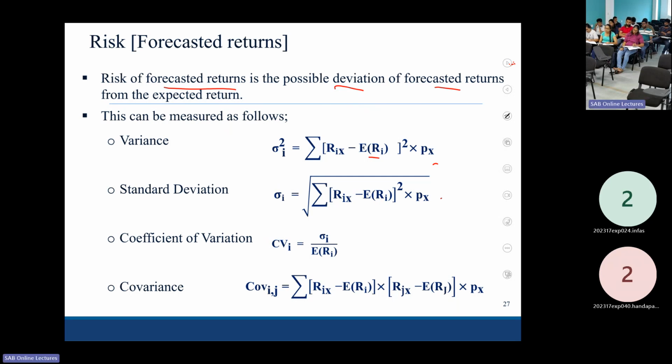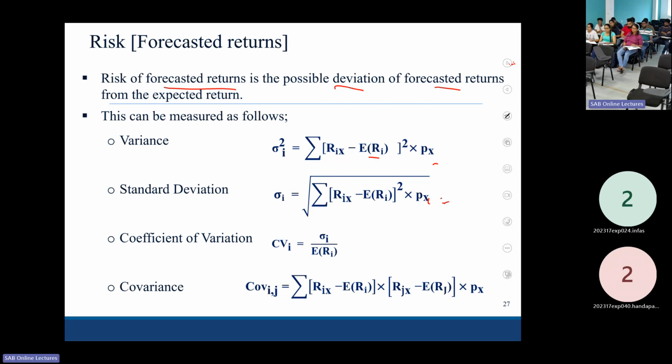Then the next one: forecasted return under the state of economy 2, its deviation from the expected return, squared, multiplied by the probability of the second state of economy, plus the forecasted return under the state of economy 3, its deviation from the expected return, squared, multiplied by the probability of the third state.